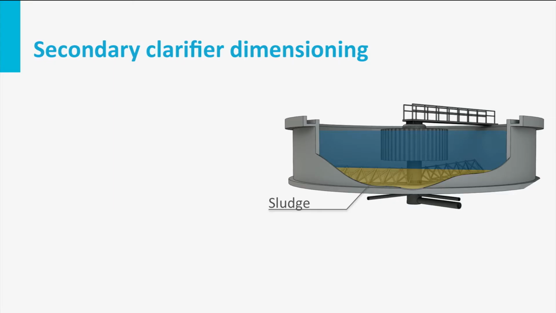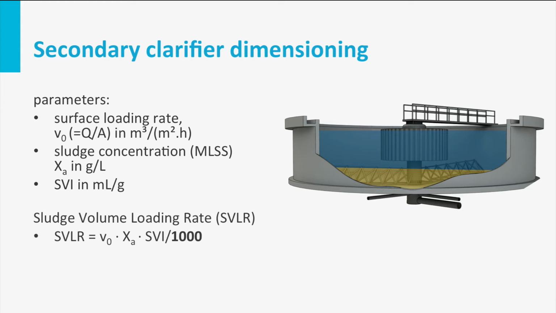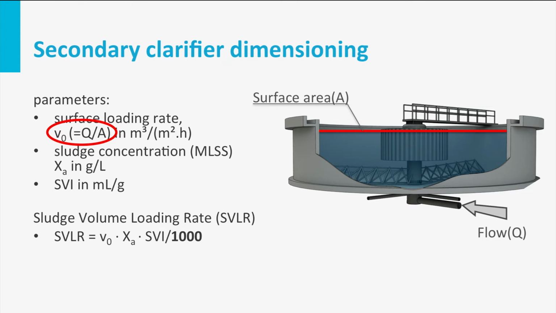The final clarifier design is based on two parameters. The surface loading rate and the sludge volume loading rate. The surface loading rate is the simplest, as it is nothing more than the flow divided by the surface area of the clarifier tanks.